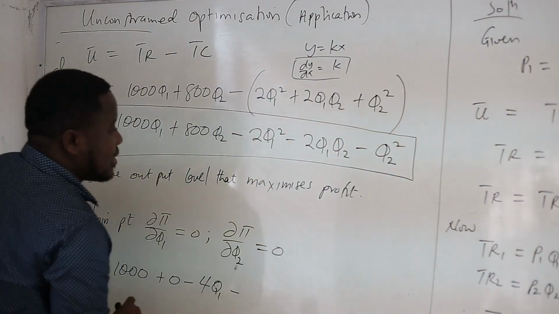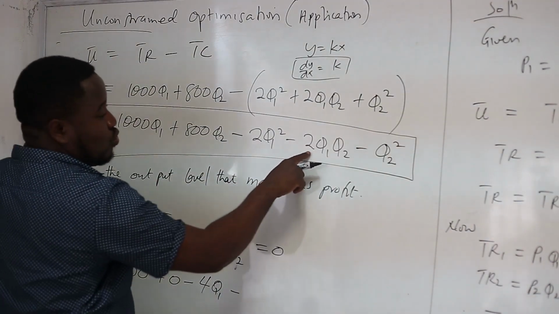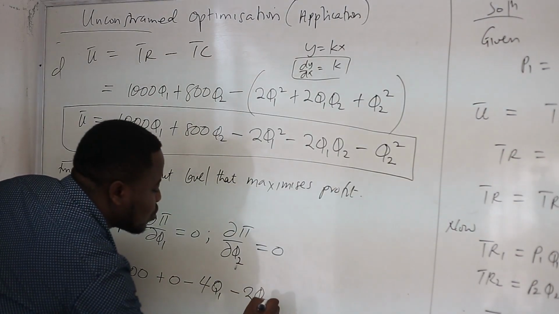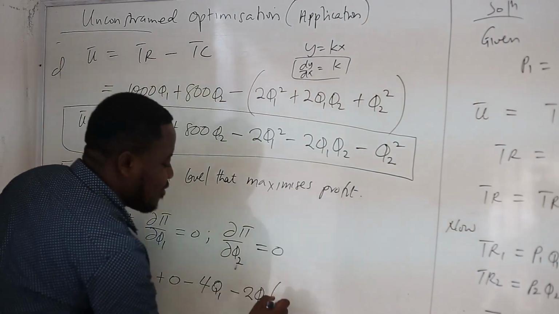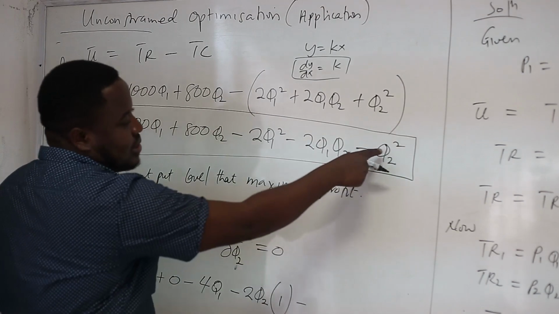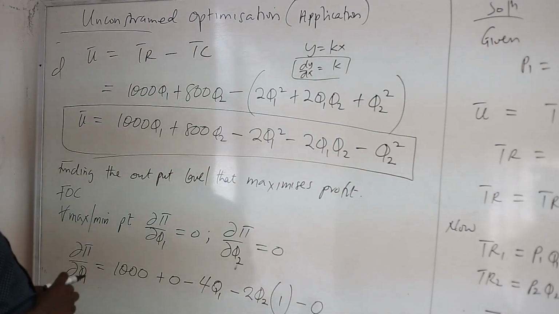So since we are dealing with q1, 2 and q2 are constant. So we have minus 2 q2. We differentiate q1 alone, we have 1, right? Then minus, there's no q1 here. So this actually gives us 0.